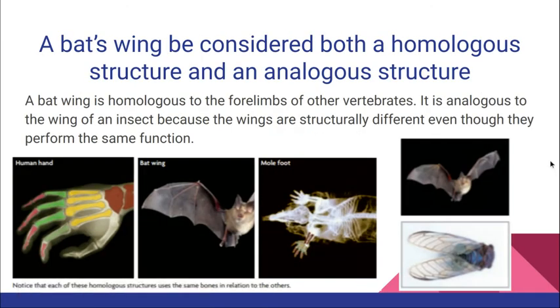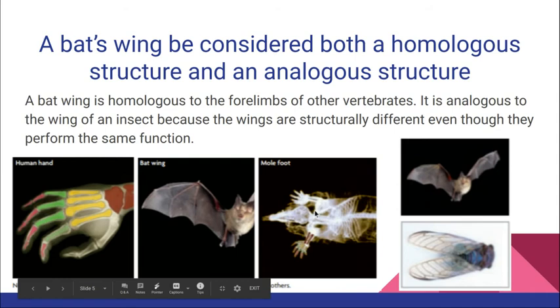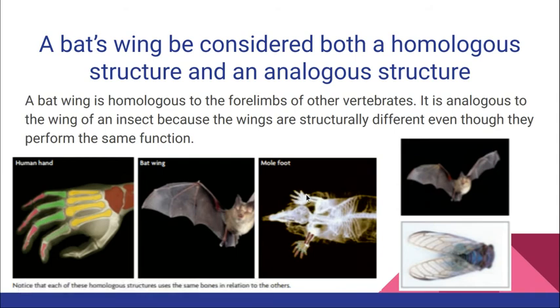So a bat's wing can be considered both a homologous structure and an analogous structure. A bat wing is homologous to the forelimbs of other vertebrates, such as the hands of humans and the front limb of a mole. Notice that each of these homologous structures uses the same bones in relation to one another, but they've adapted differently to their different functions.